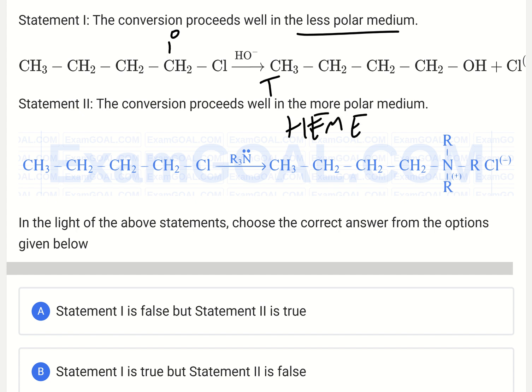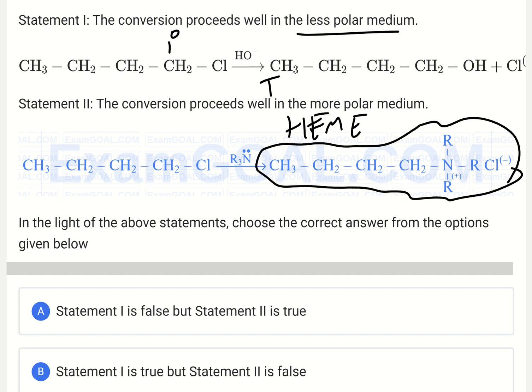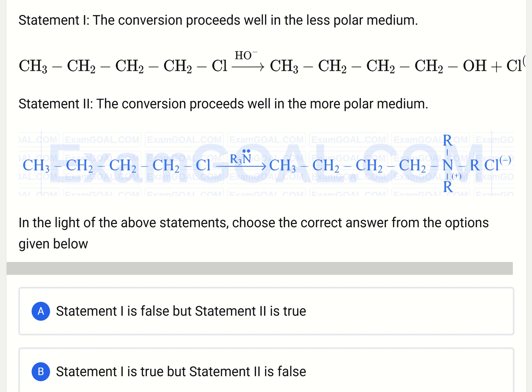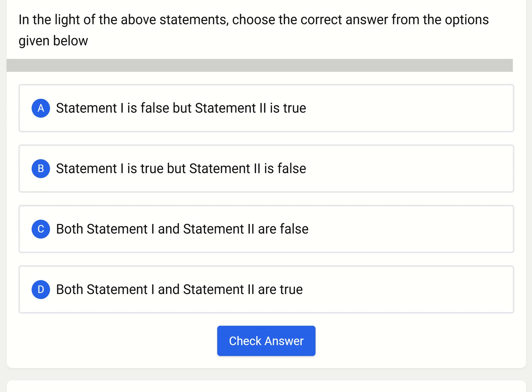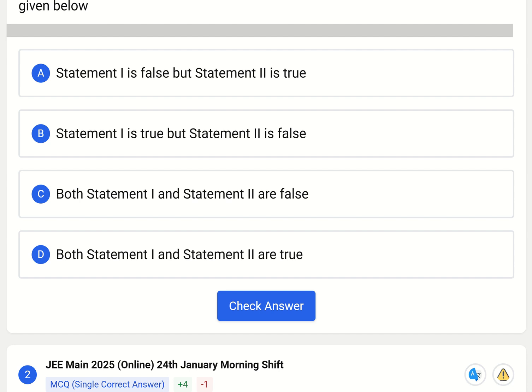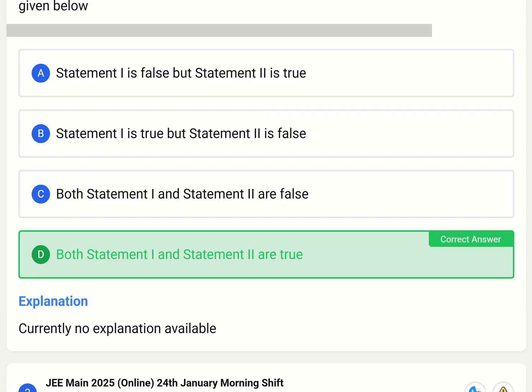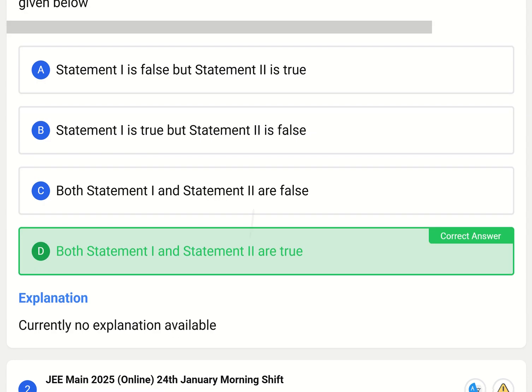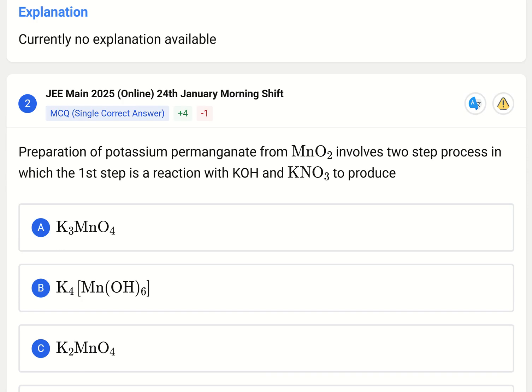Hoffman exhaustive methylation elimination. After getting this quaternary salt, we get an alkene double bond. So this reaction happens in a more polar medium. Means statement 1 and statement 2 both are true. So we'll go with option D. Definitely, this is how you can learn and how you can solve.